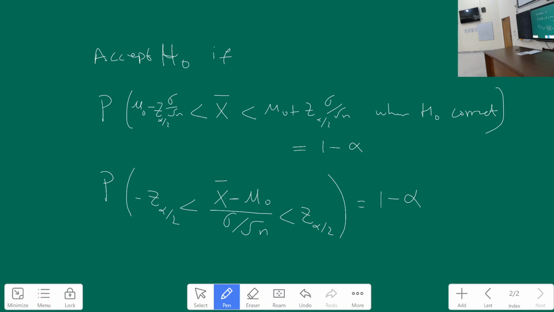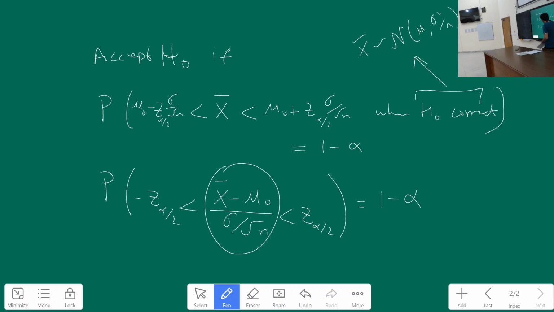Now, if my null hypothesis was correct, this thing must be standard normal. So this thing should have mean 0 and variance 1, because if my null hypothesis was correct, then x bar is actually coming from a Gaussian distribution with mean mu and variance sigma square by n.